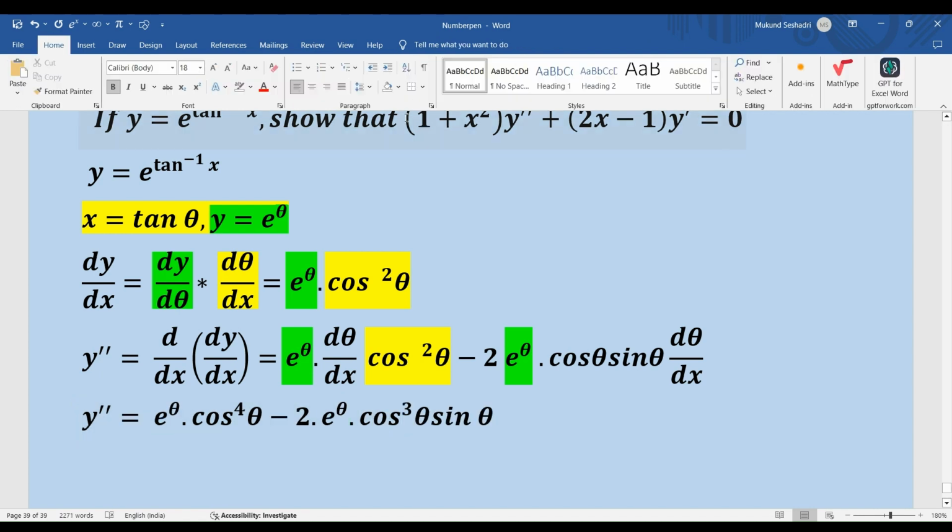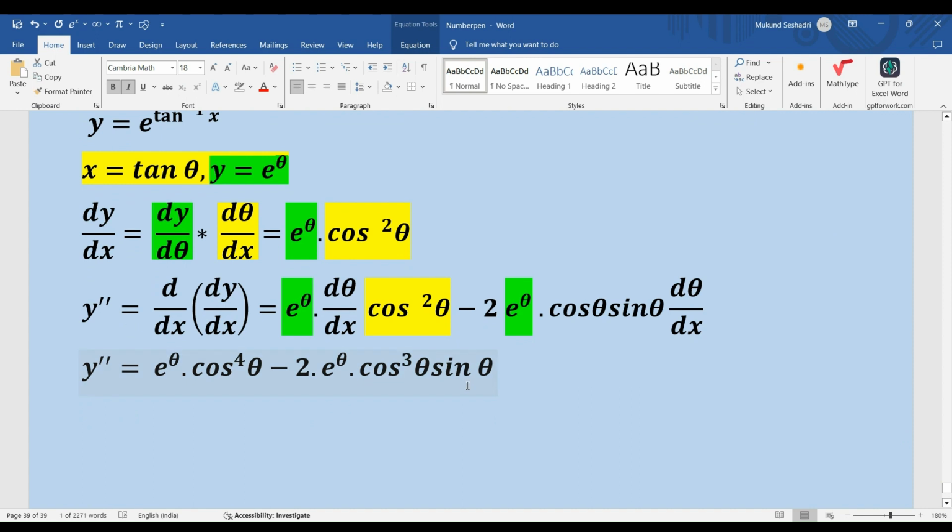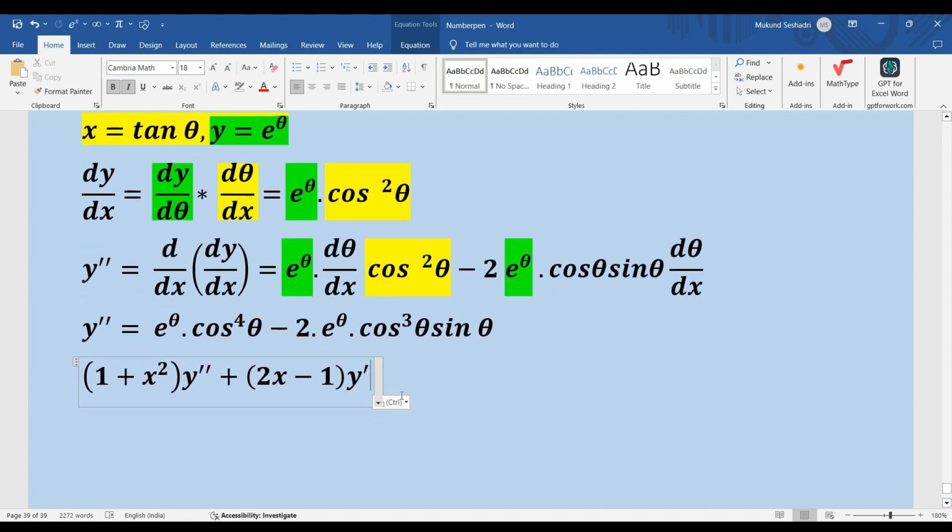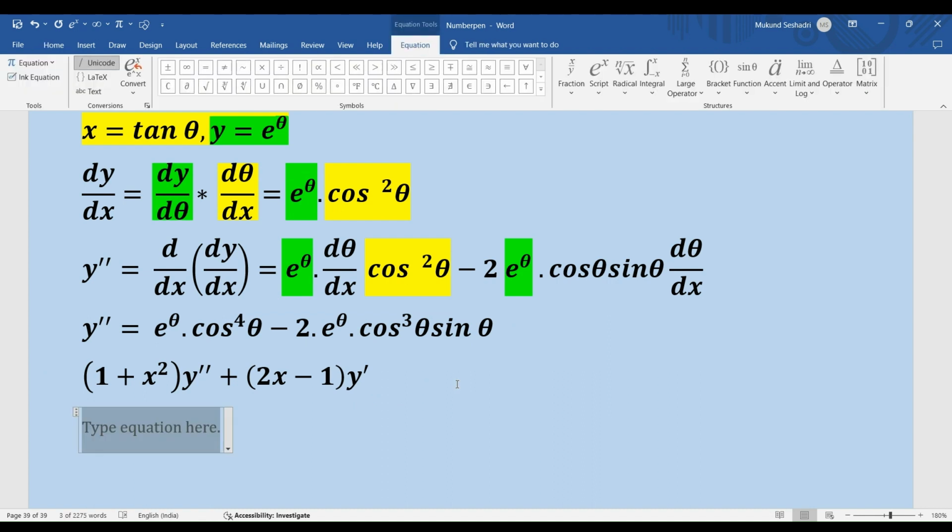So let's pull out the expression which is given to us, and let's do the substitution of y double dashed and y dashed into this expression, right? Now I have my y dashed and y double dashed in terms of theta, which is perfectly fine, right? But I will have to replace my x in terms of theta, right?